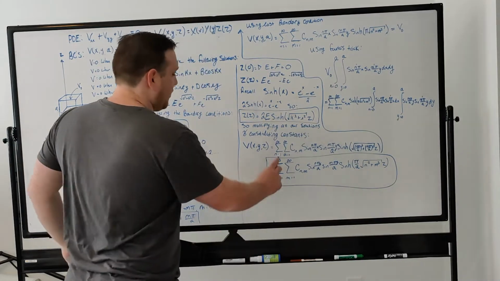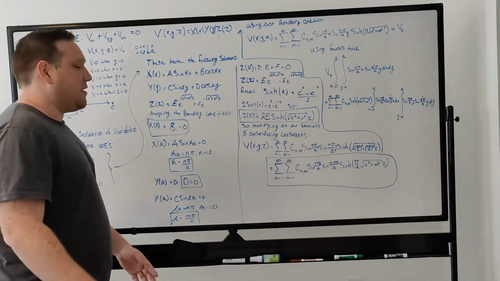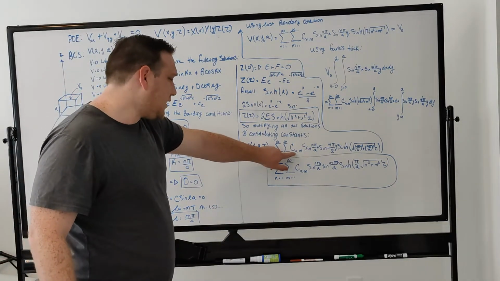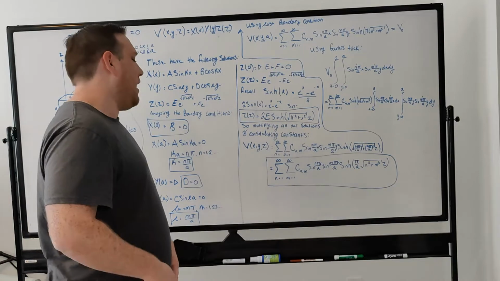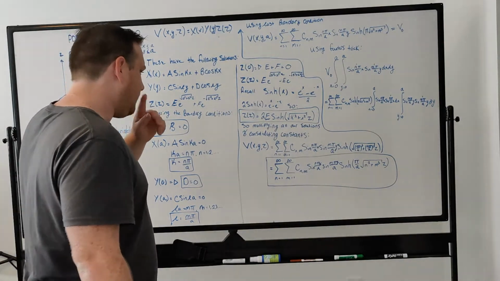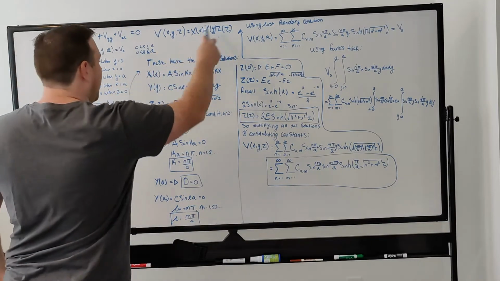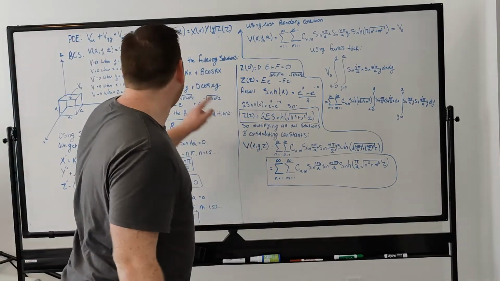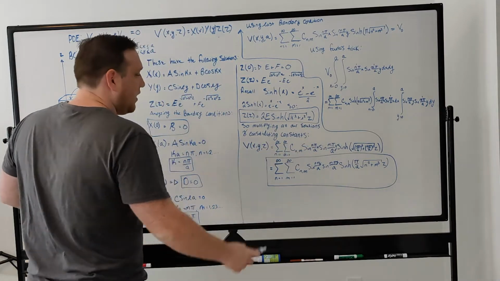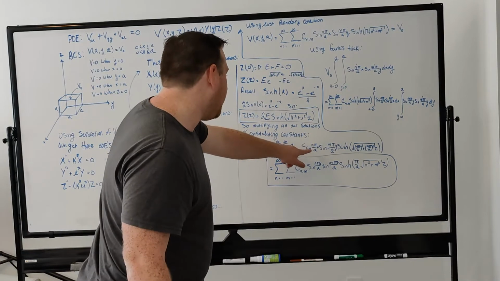That's what this constant c sub n,m is, because it depends on what value of n and m we're on at the moment. And for the x solution, when we multiply these out, if you remember, we just have sine of kx, where k is m pi over a, so sine of n pi x over a.